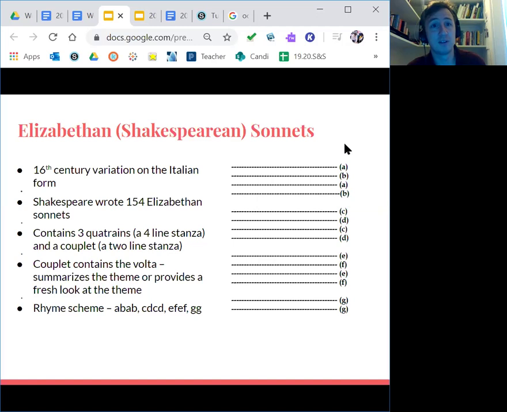So stanza 1 is a quatrain, meaning there's 4 lines, and the rhyme scheme in stanza 1 is A, B, A, B. Stanza 2, also a quatrain, but the rhyme scheme in this one is C, D, C, D, and that's how you'll note the difference between the quatrains. Quatrain 3, which is stanza 3, E, F, E, F, and then the volta is in that final couplet, and that is a G, G.